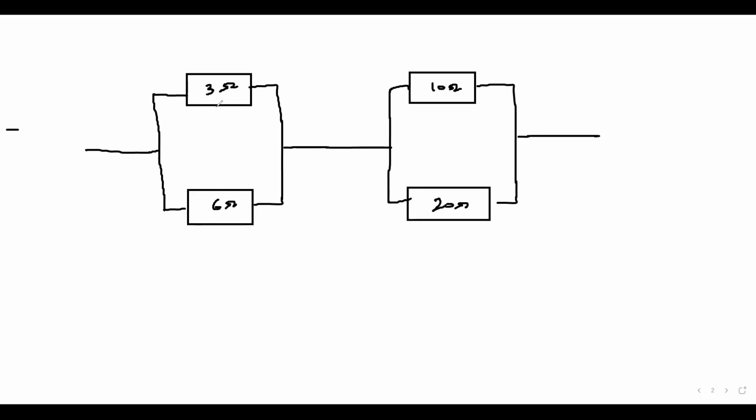First, how are these two, 3 ohm and 6 ohm, connected? They are connected in parallel to each other. How are 10 ohm and 20 ohm connected? They are also connected in parallel.